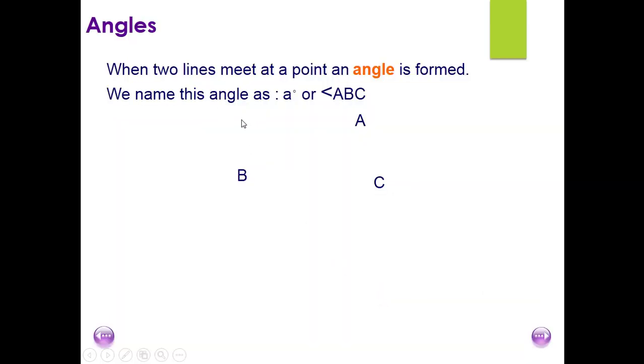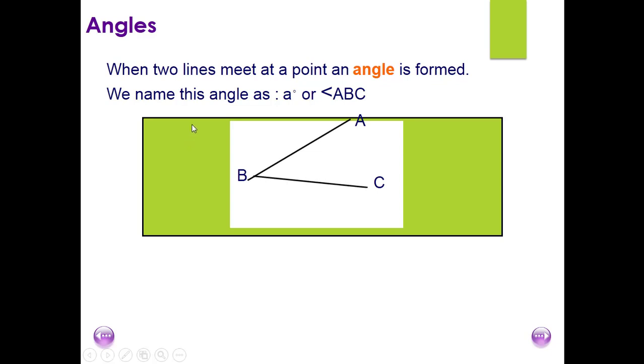And let's go to the angles. Actually, angles, when two lines, focus, two lines with arrows, meet at a point, an angle is formed. We name this angle. How can I name this angle, or how can I call it?